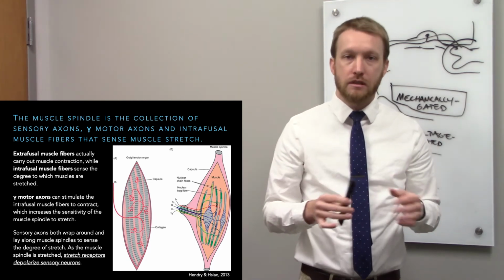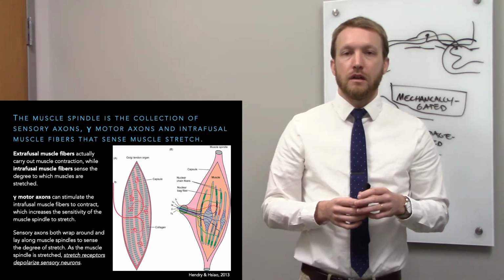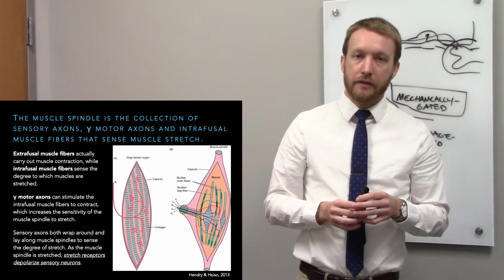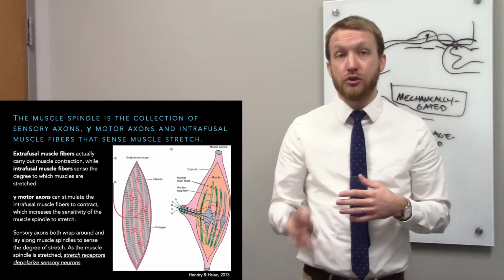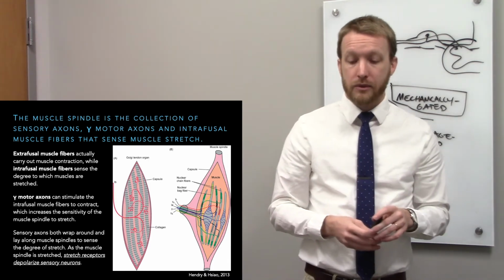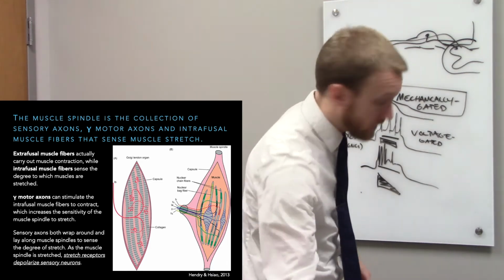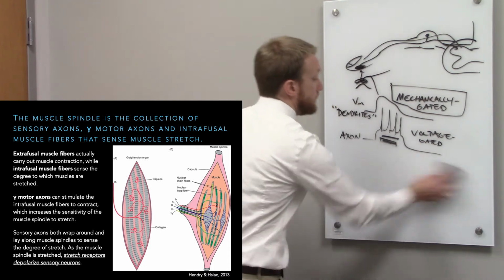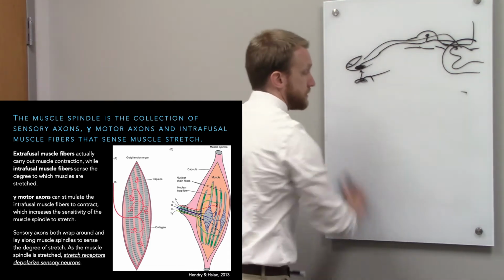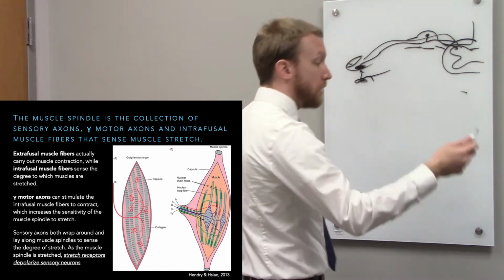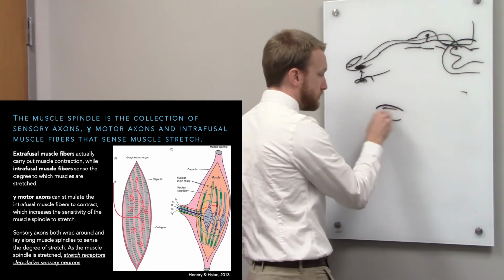There's a few types of these. There's the type 1A afferents that rapidly adapt, and there's the type 2 afferents that very slowly adapt. But whenever we stretch a muscle, very basically what that's going to do is stimulate spindle afferents. So we can detect roughly the length of our muscles.